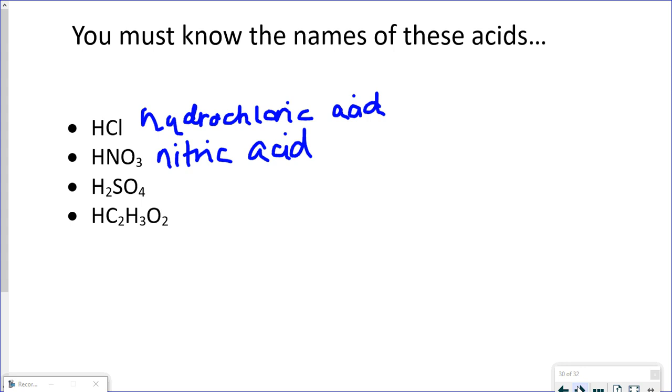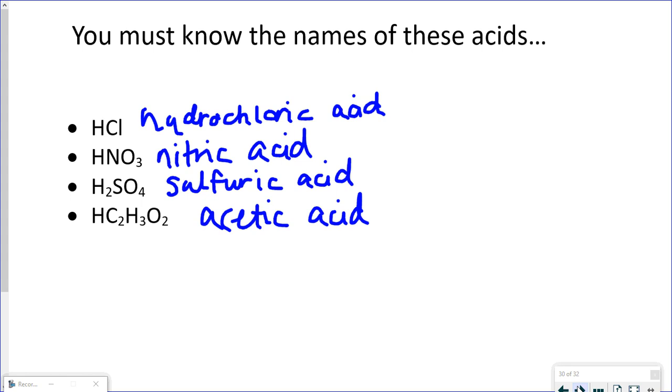SO4 is sulfate, so this will be sulfuric acid. And then this last one, the C2H3O2 is acetate, so this will be acetic acid. So those are some of the most common ones that we are going to come across.